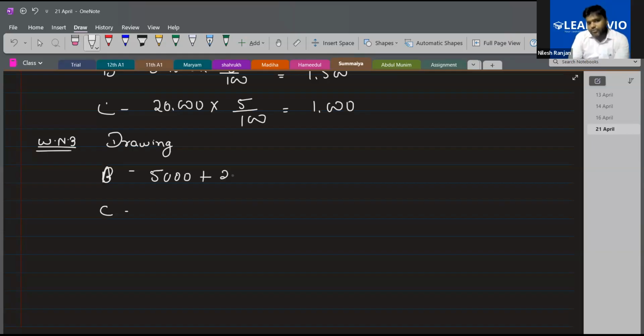Salary is 5,000 each, so 2,500 and 5,000 plus 1,000.